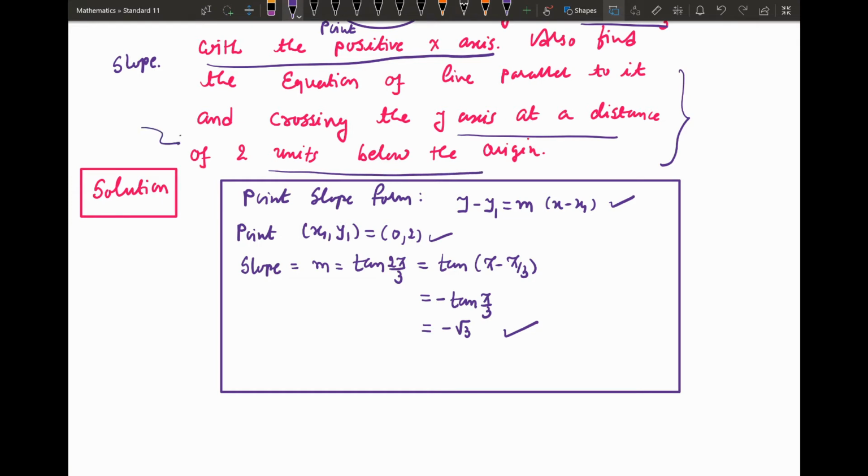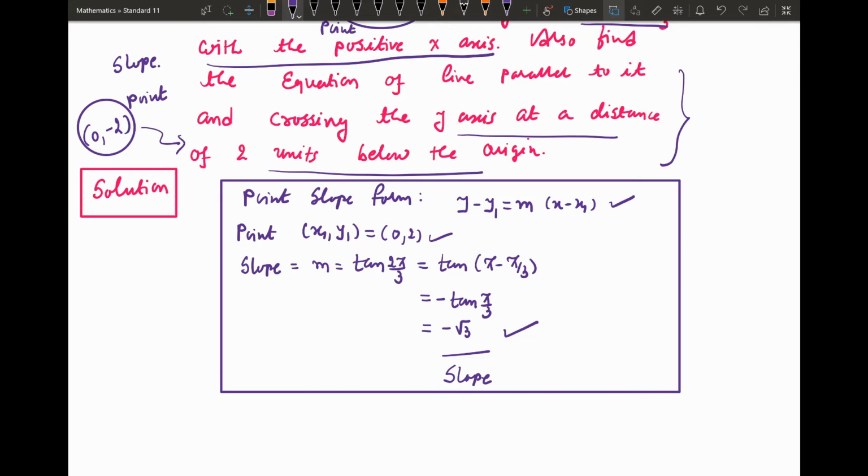So the line passes through 0 comma minus 2, below the origin, so the y coordinate will be negative. For the second question, this will be the point and the slope will remain the same, because the line is parallel to it, and two lines are parallel if and only if their slopes are equal.